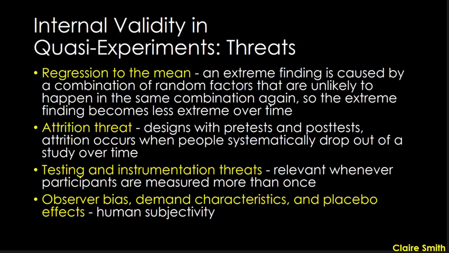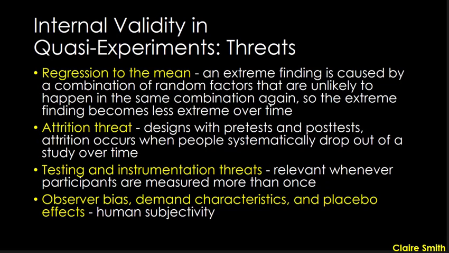Attrition threat is when there's a pre-test and post-test as well, but people systematically drop out of the study. So in the plastic surgery example, maybe a lot of people who didn't go through with the plastic surgery dropped out because they weren't confident, or people who did go through with the plastic surgery but weren't confident and felt bad about themselves.